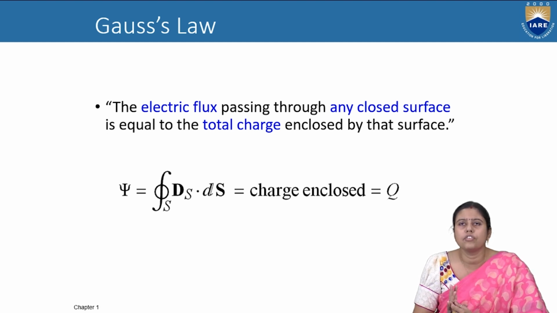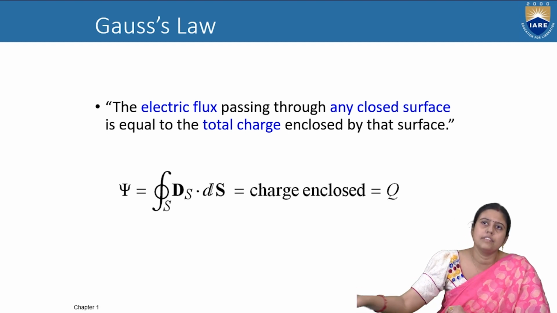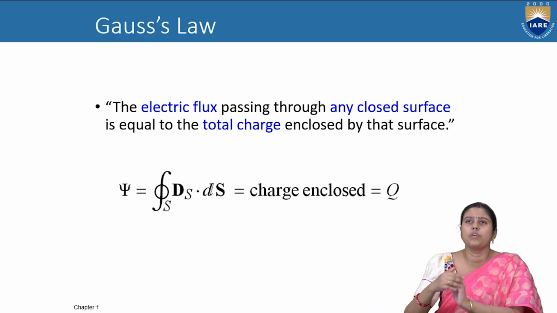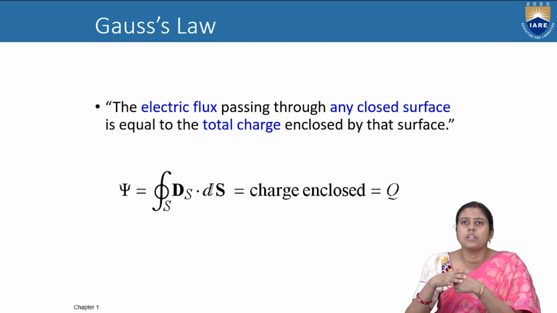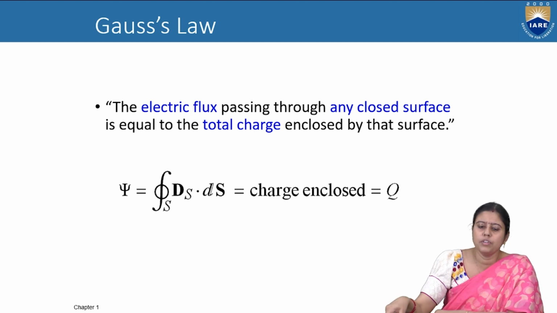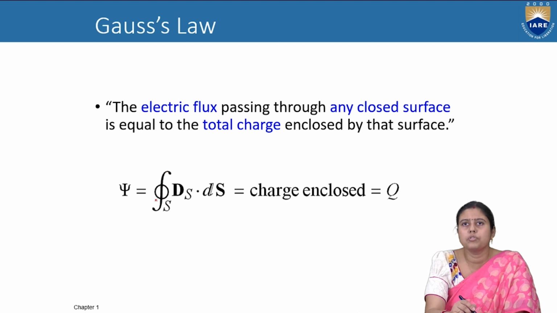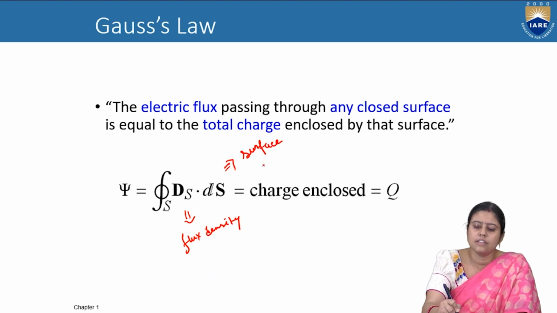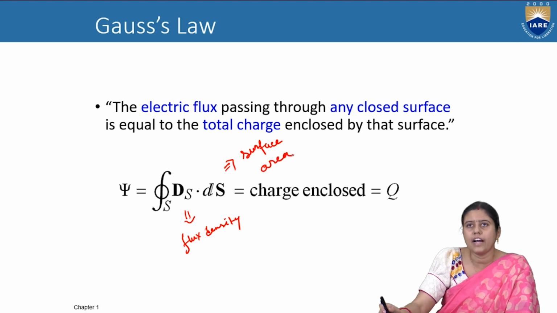We can write psi is equal to the closed surface integral of D dot dS. What is D? D is the flux density. What is dS? dS is the surface area.